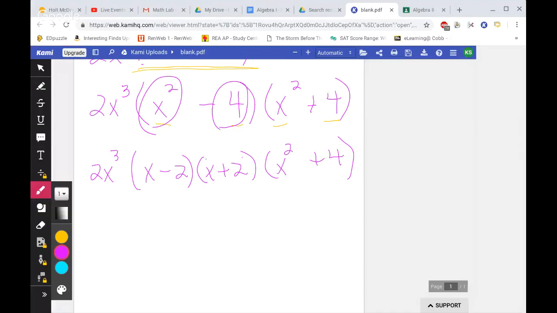Does this make sense to you? I'm sure that it makes sense, but being able to look at it and work it out sometimes is a little quirkier. So the answer would be A for that one.